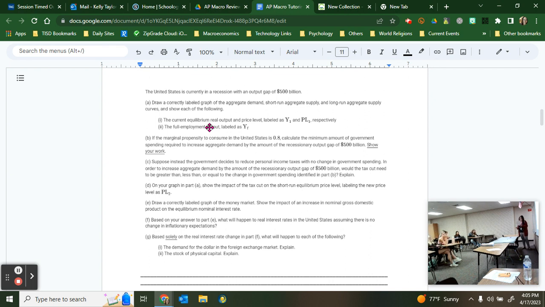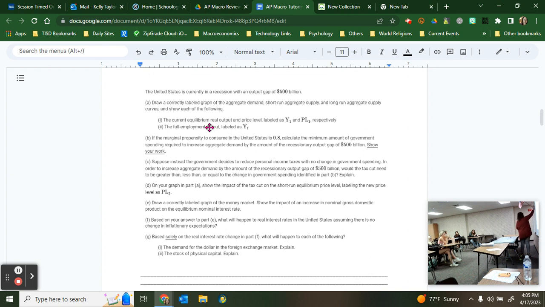On C, it says, suppose instead the government decides to reduce personal income taxes with no change in government spending. In order to increase aggregate demand by the amount of the recessionary gap of 500 billion, would the tax cut needed be greater than, less than, or equal to the change in the government spending that you identified in Part B and explained?